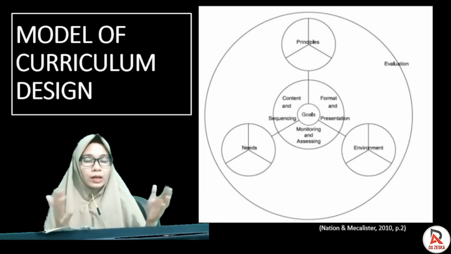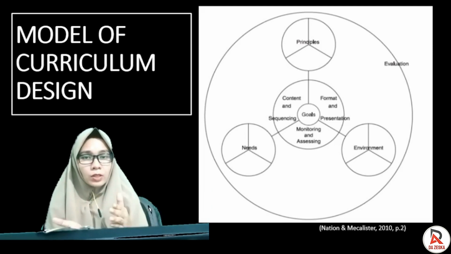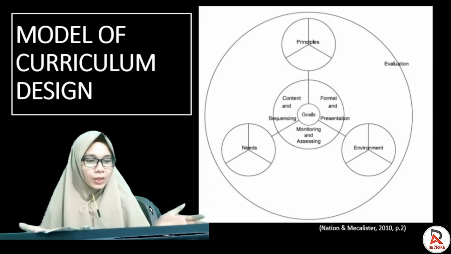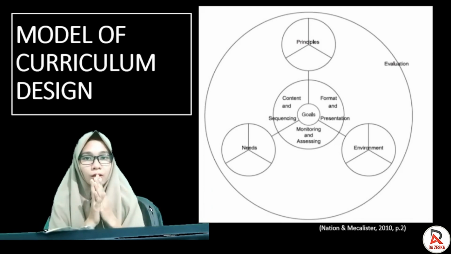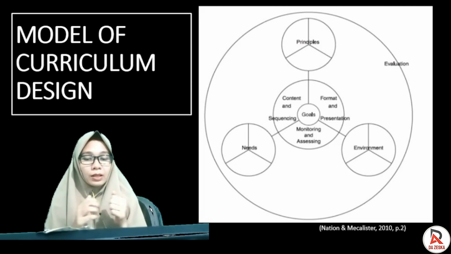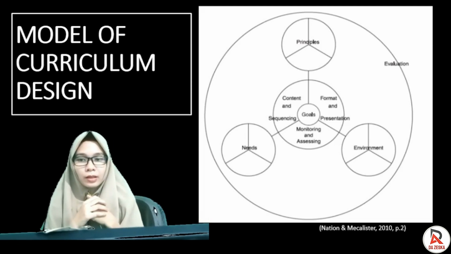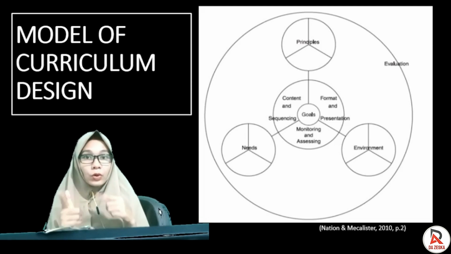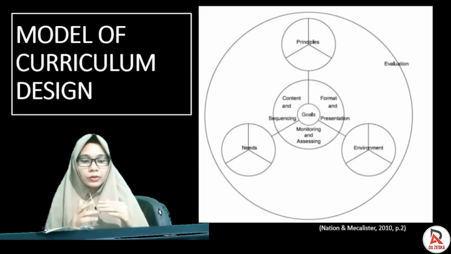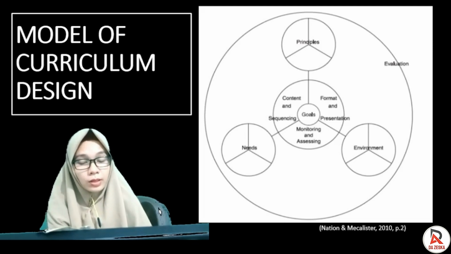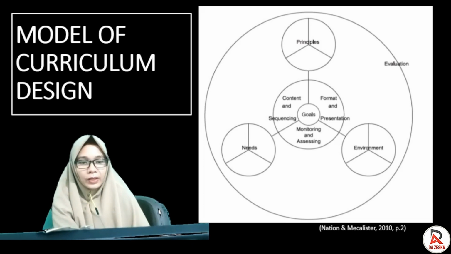Every school will have their own problem because they will face different environments. That's why as a teacher you should learn those situations when you design your class, when you design your course. Okay, I think that's clear about environments.